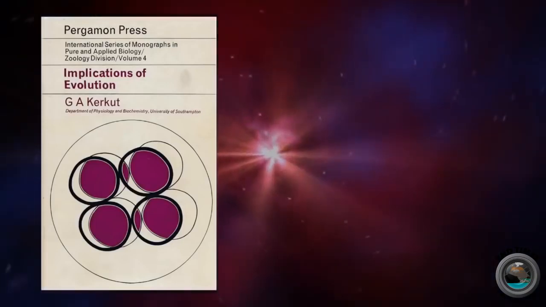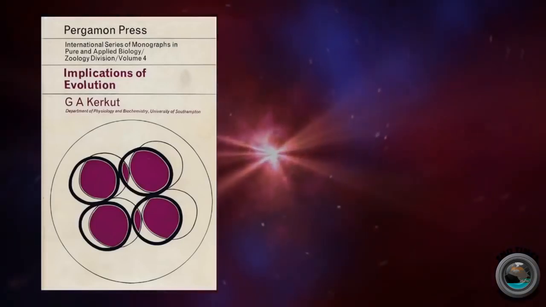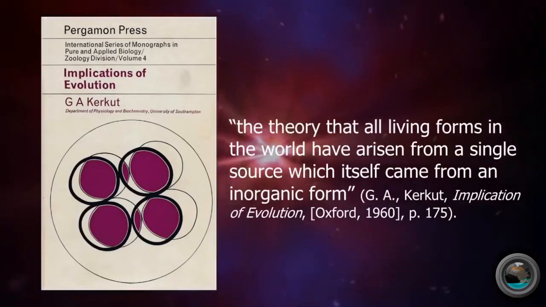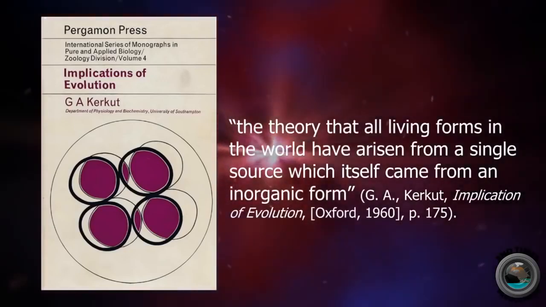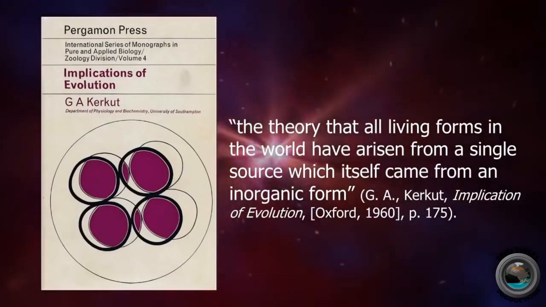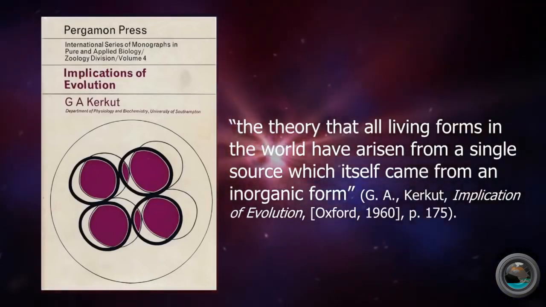Likewise, zoologist and physiologist Gerald Kirkett defined the general theory of evolution as the theory that all living forms in the world have arisen from a single source, which itself came from an inorganic form.